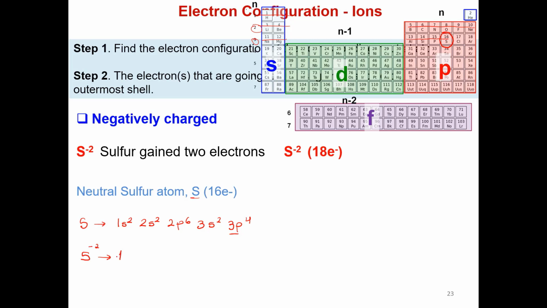Then the configuration for the ion will be 1s2, 2s2, 2p6, 3s2, 3p, 4 plus 2 is 6. And we can see in this case, sulfur -2 has 18 electrons. Yes, 2 more than sulfur. And we have 2, 4, 10, 12, 18 electrons.